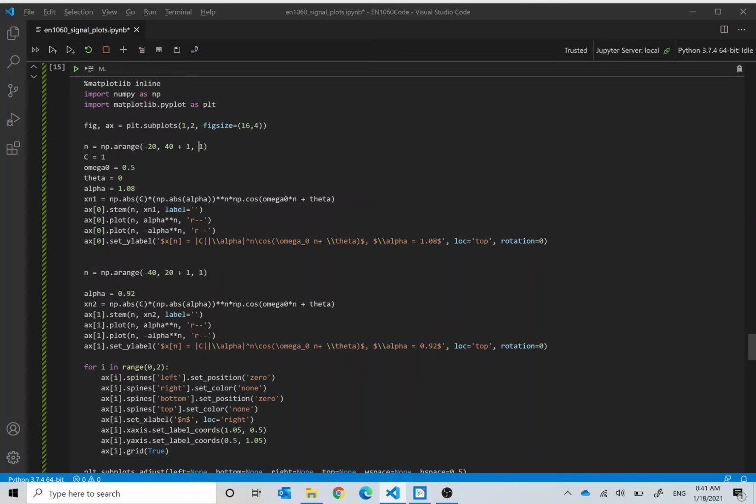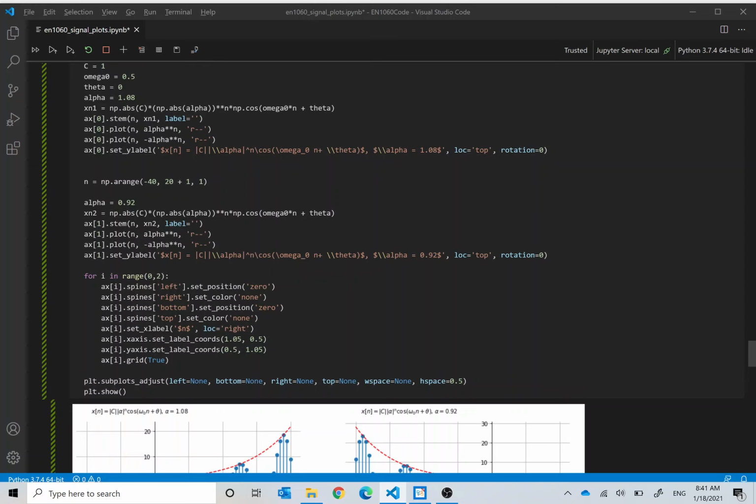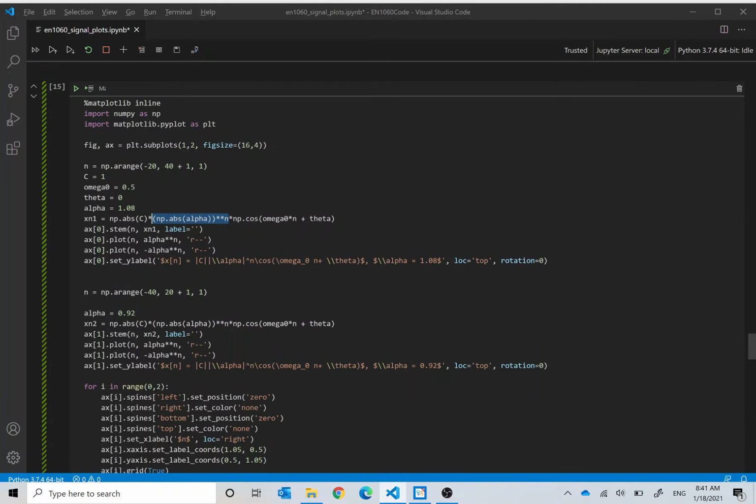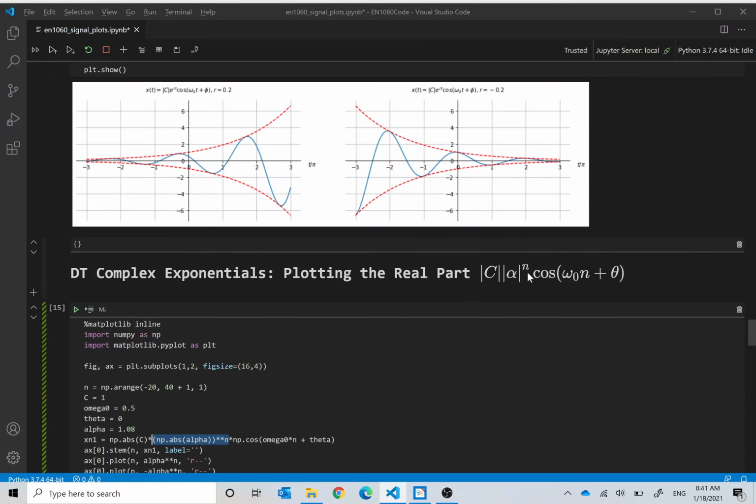so the integers. And we take alpha equals 1.08 and alpha equals 0.92. For each of these, xn1 equals np absolute value of C, np absolute value of alpha to the power of n, and np cos omega naught n plus theta. So this is alpha to the power of n. You can see that right here.